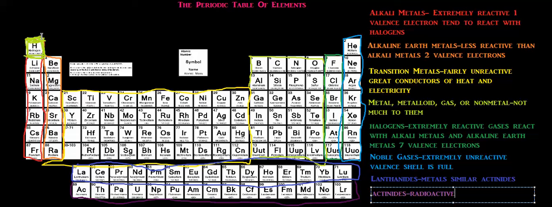And then at the bottom I have the lanthanides and actinides, and I always remember hydrogen as the weird one because it wasn't included in the alkali metals, and it's placed in a weird way. So in my terms, I call weird the junk drawer, which is the metalloids, gases, or nonmetals, which really are clumped together in what doesn't fit into other groups, but they also have very similar characteristics.